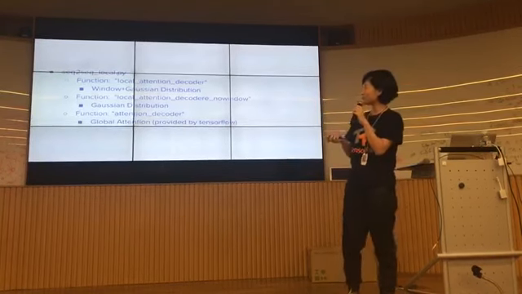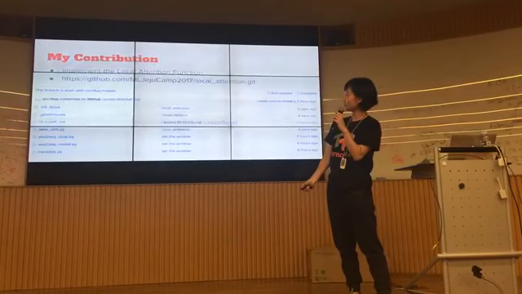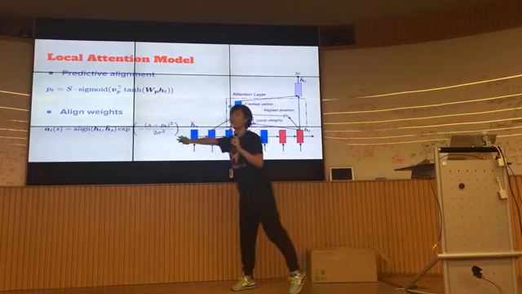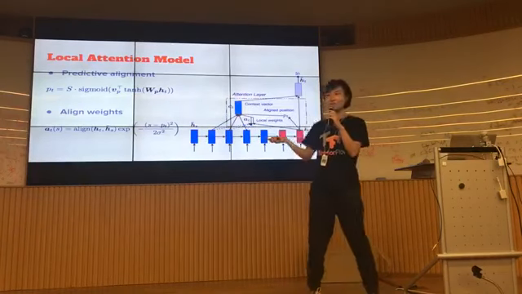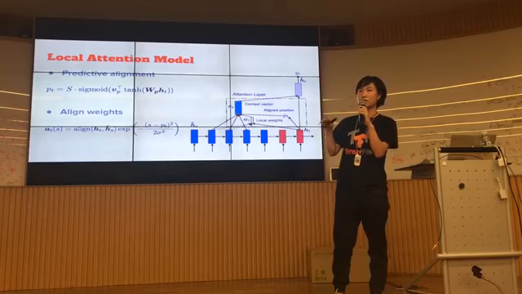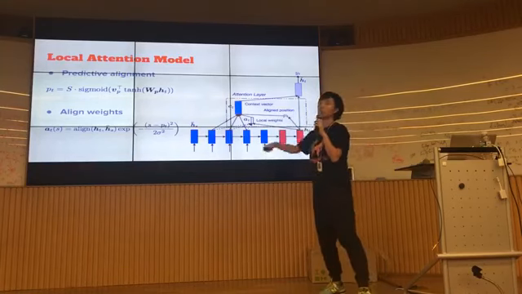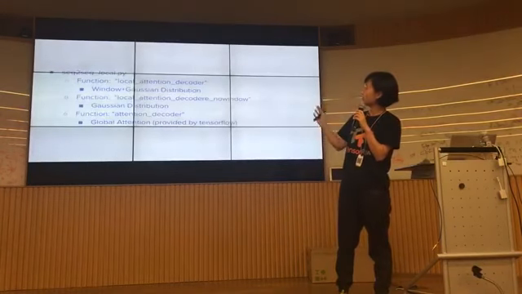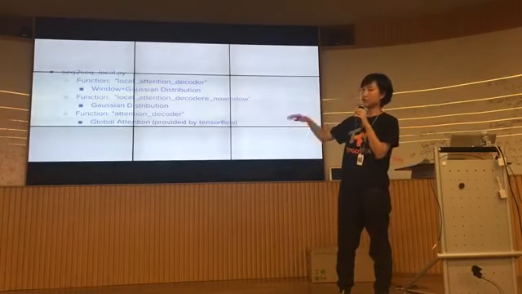This Gaussian distribution ensures that when a word is close to the position PT, it will receive a higher weight. So this is the first function.